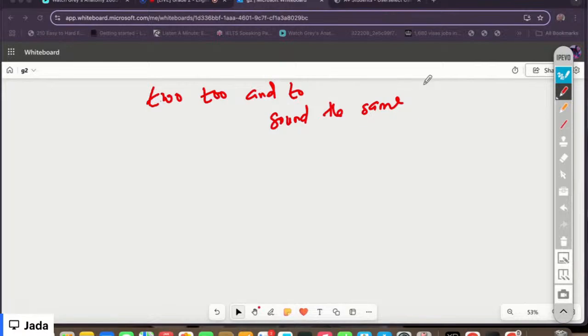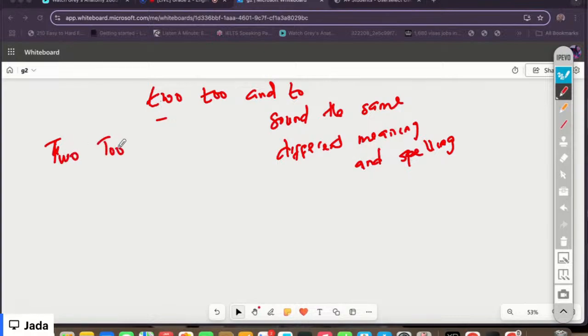They all sound the same, but they have different meanings and different spellings. So two as in the number two, and we have to, and we have too. You can all see them. Two, to, too. It's all the same. Okay?